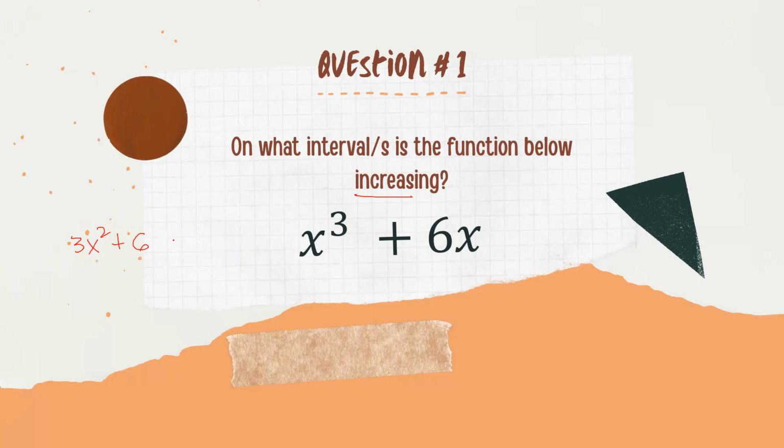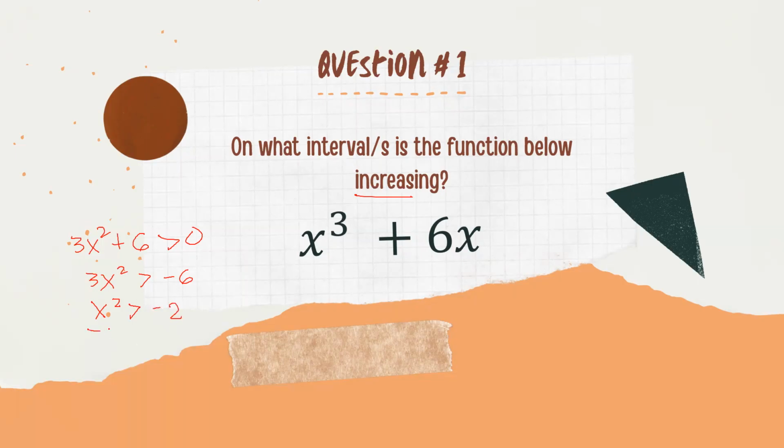So, a matter of equating this to greater than 0. Okay? So, 3x squared is greater than negative 6. So, ibig sabihin, dividing both sides by 3, x squared is greater than negative 2. Correct?